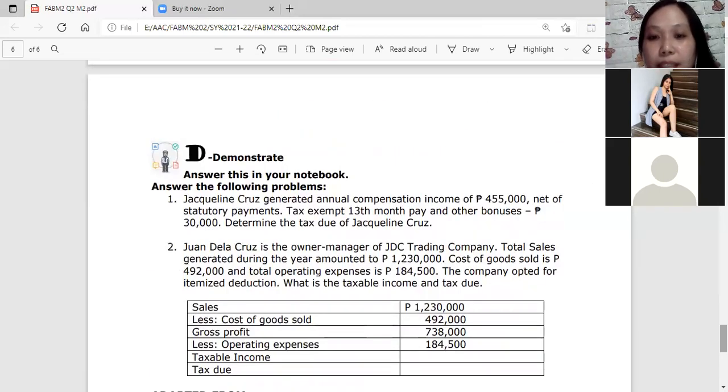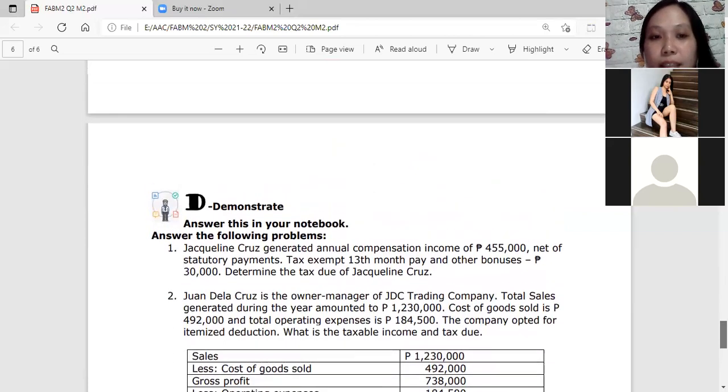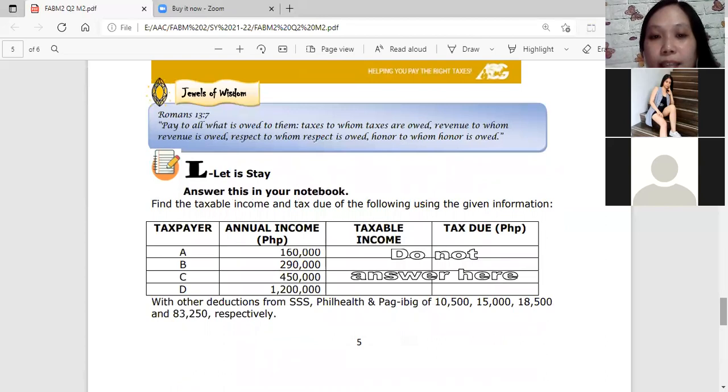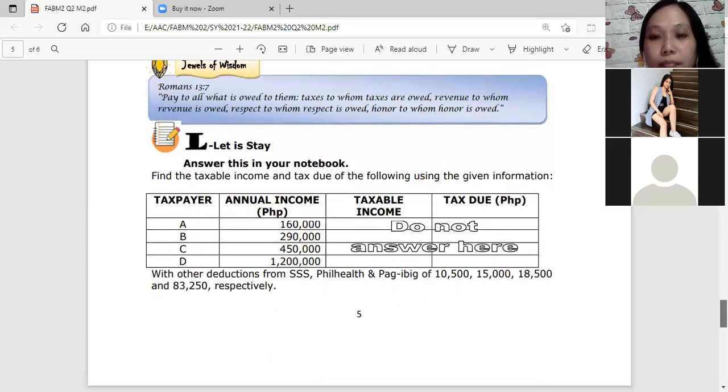Ma'am, sa katong, yes, sa activity 1 ma'am ba katong Let it stay, ang kining 10,000 ma'am kay idiretso na siya sa taxpayer A niya. Di na siya minusan sa 15,000 o 18,500. As what I have said, respectively ni siya.